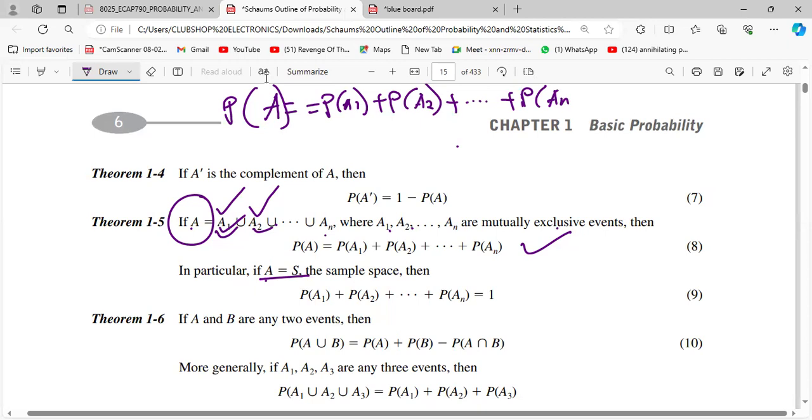What do we mean? Look, we have S equal to 1, 2, 3, 4, 5, 6, which is like A. That's what we are saying.